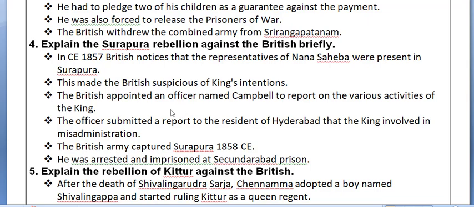The British appointed an officer named Chambal to report on the various activities of the king. The officer submitted a report to the resident of Hyderabad that the king was involved in misadministration. The British army captured Surapura in 1858 CE. He was arrested and imprisoned at Sikandarabad prison.